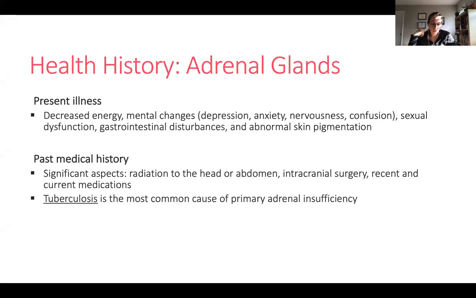And then we want to know if they had any radiation to their head or abdomen, intracranial surgery, what medications are they taking, is some of that causing an effect on these hormones. And then tuberculosis is the most common cause of primary adrenal insufficiency. So you're going to know from their history if they have had that in the past.